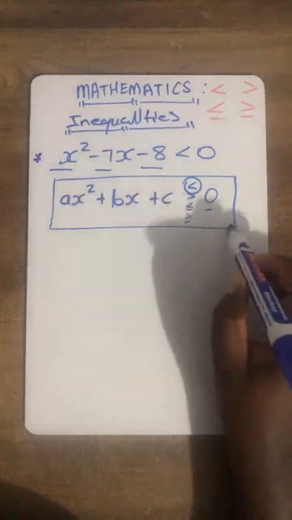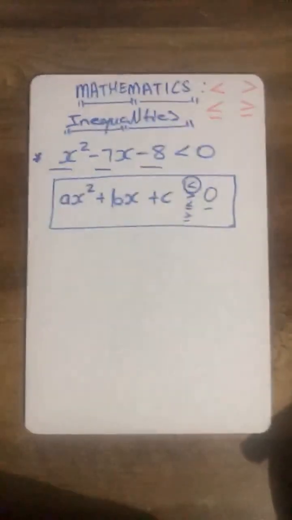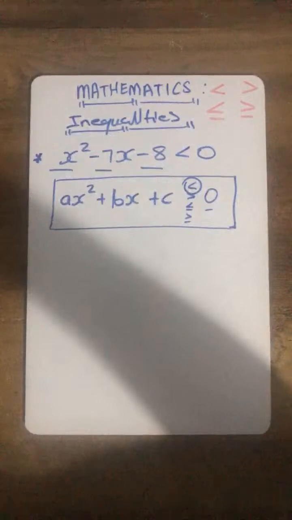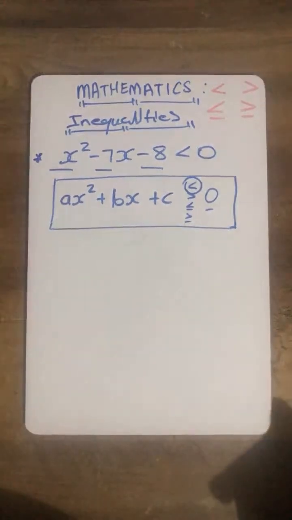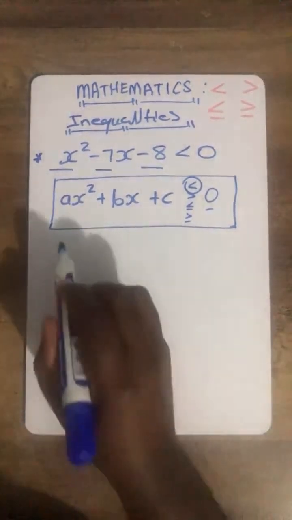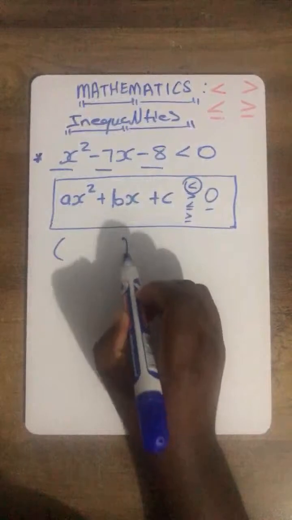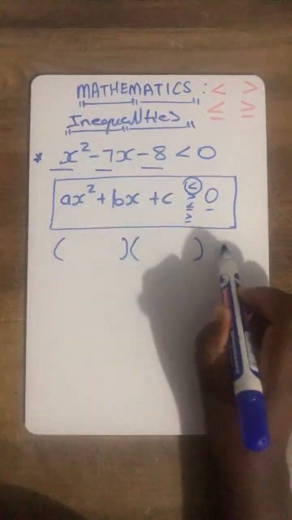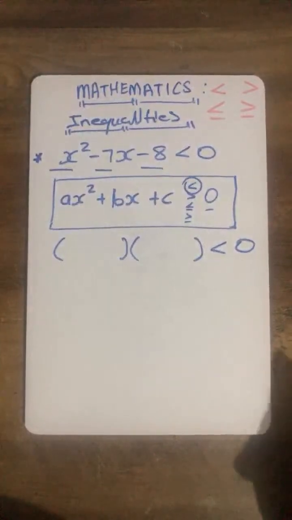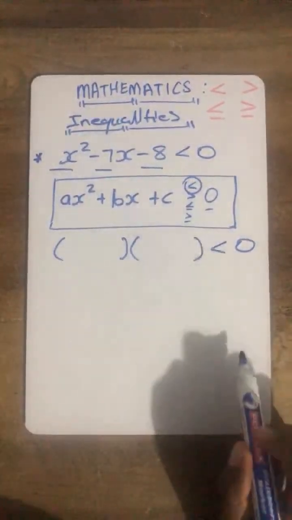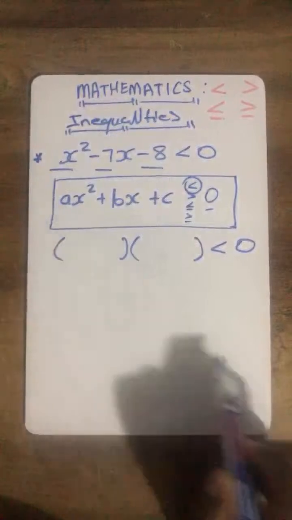Why do you want it to be in the standard form? It is so that you can factorize or find the critical values. So let's see. Now we are going to factorize. Most importantly, remember to continue with that same sign. You only change this sign if you had a negative a value.